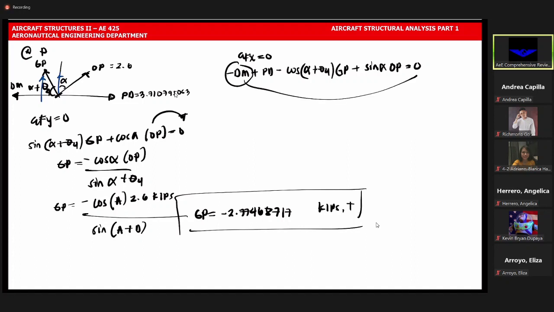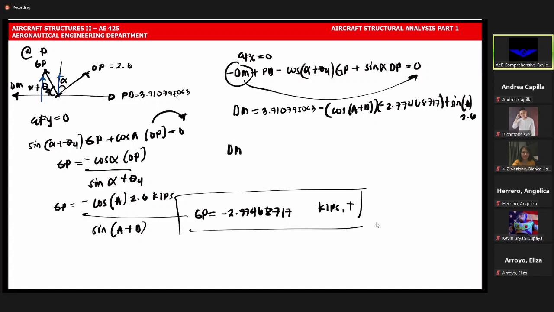Ito naman at D, transpose natin sa kabila. That is DM plus PD. Okay. DM is equal to 3.710795063 minus cosine alpha plus theta sub 4 GP, no, yung negative 2.77468,717 plus sine alpha 2.6.